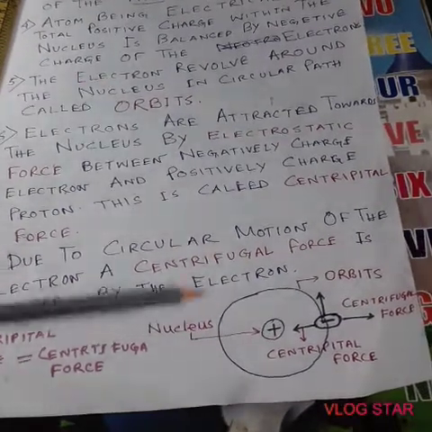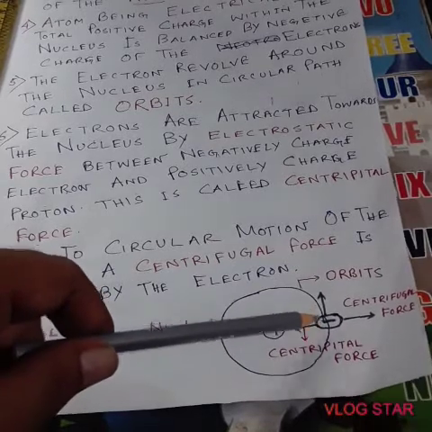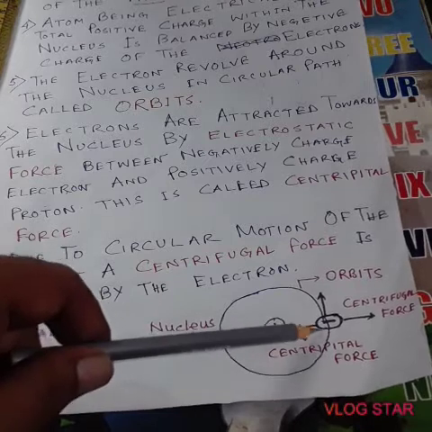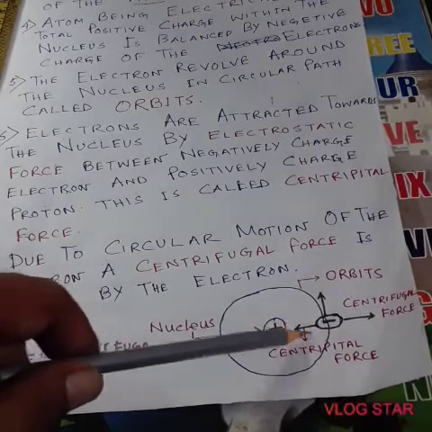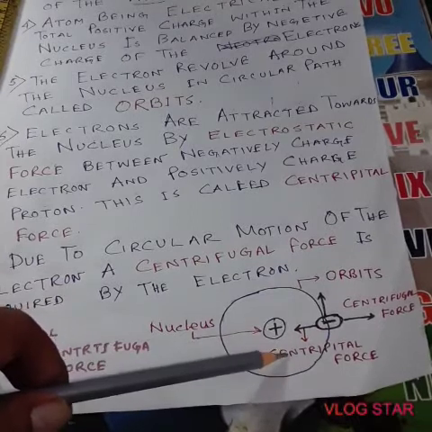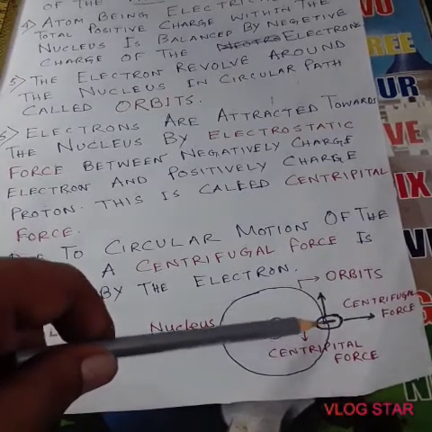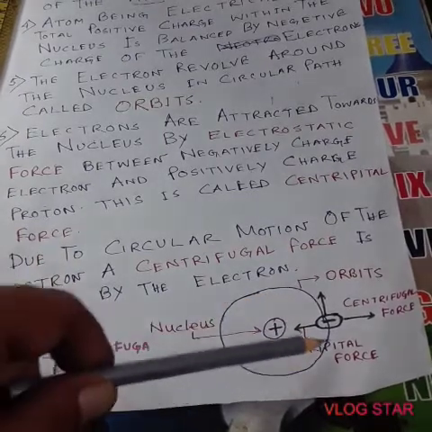Look over the picture. This electron is attracted by the nucleus. This force is called centripetal force. This force along this direction is written as centripetal force. And the electron revolves in circular motion.